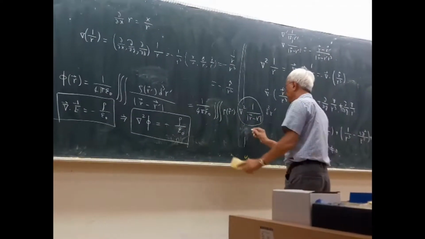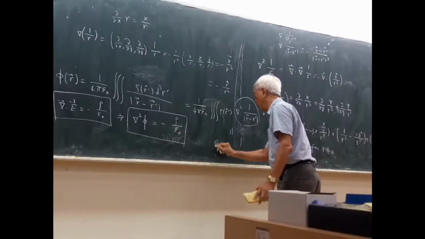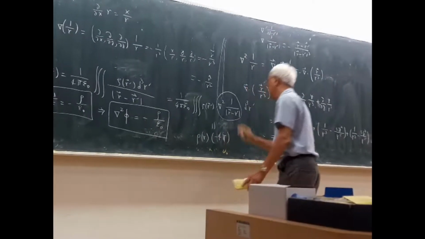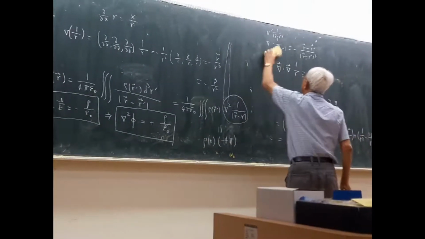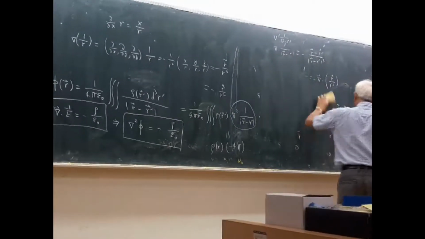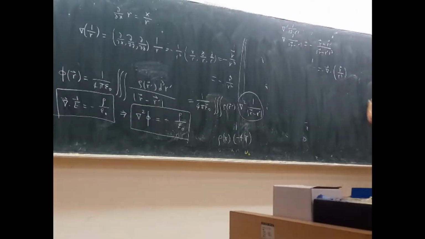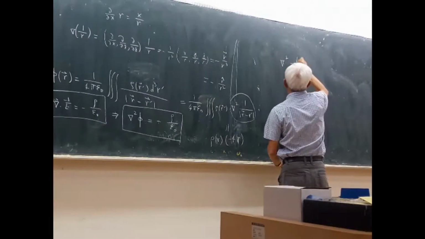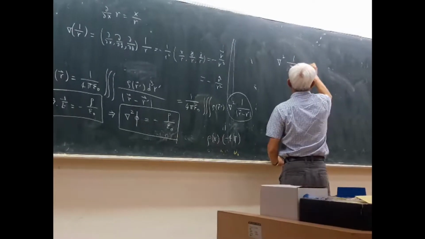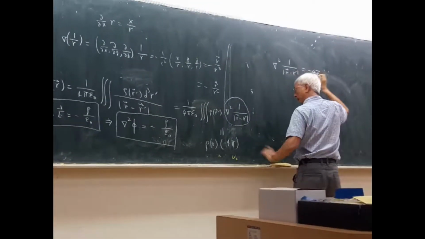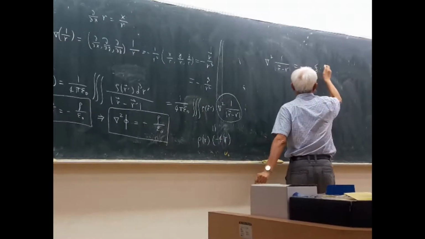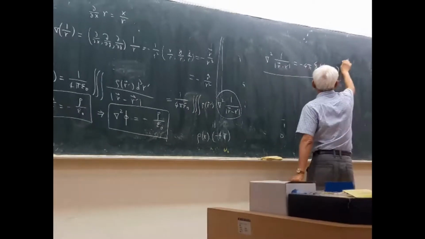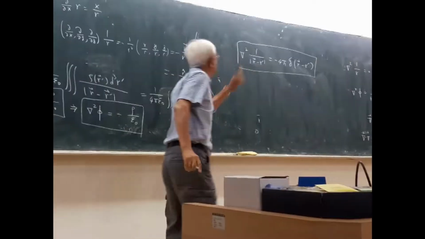So that is equal to rho R times minus 4 pi, and you can make it a shorthand: the Laplace of 1 over R minus R prime is equal to minus 4 pi delta R minus R prime, where delta is the three-dimensional Dirac function.